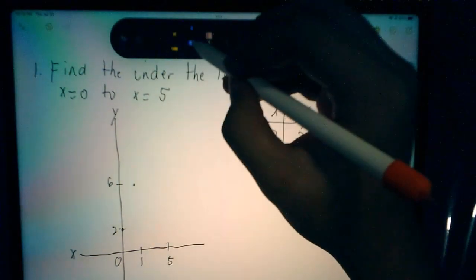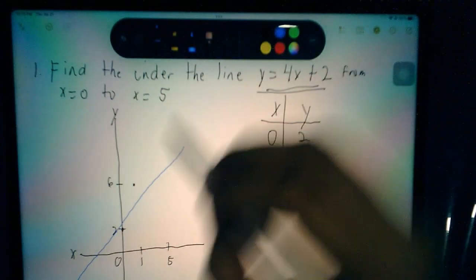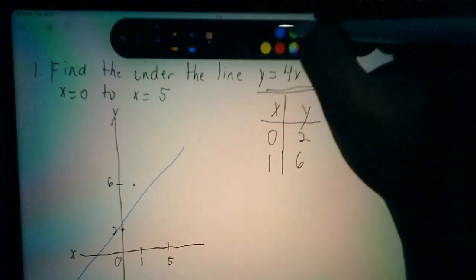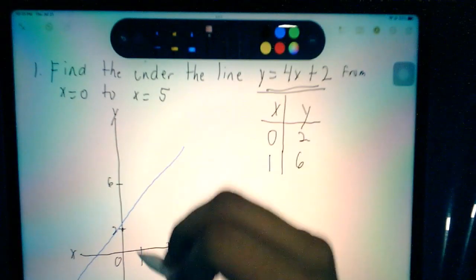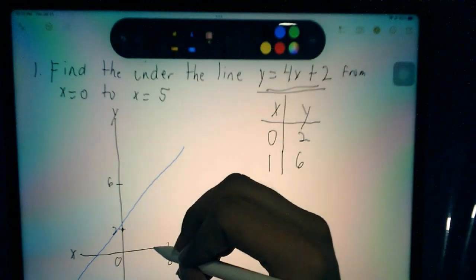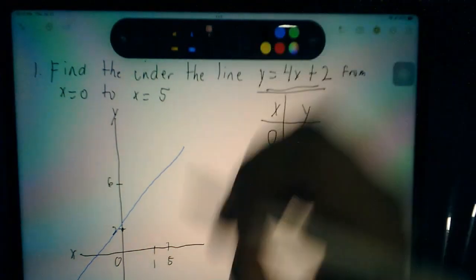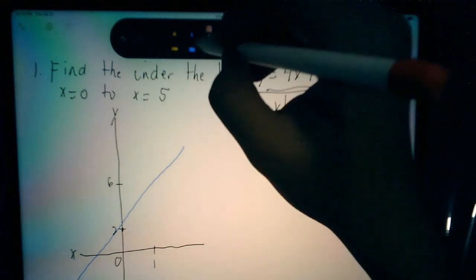So our line here, let me erase this a little bit. This is 1 and this is 5.